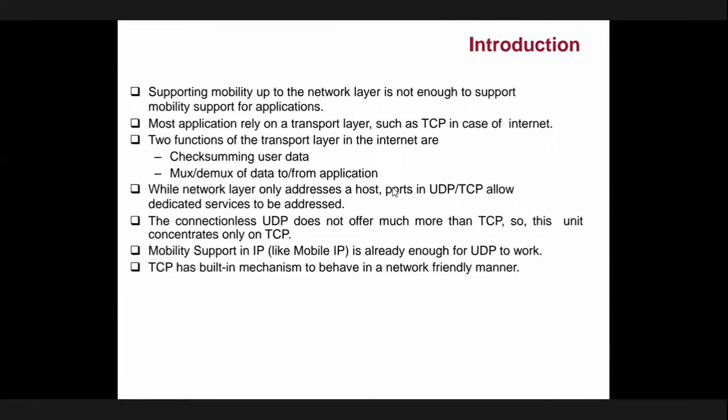While the network layer only addresses a host, ports in UDP and TCP allow dedicated services to be addressed. So the purpose of the network layer is just addressing only the host, and UDP or TCP is allocating some dedicated services to the particular addresses.